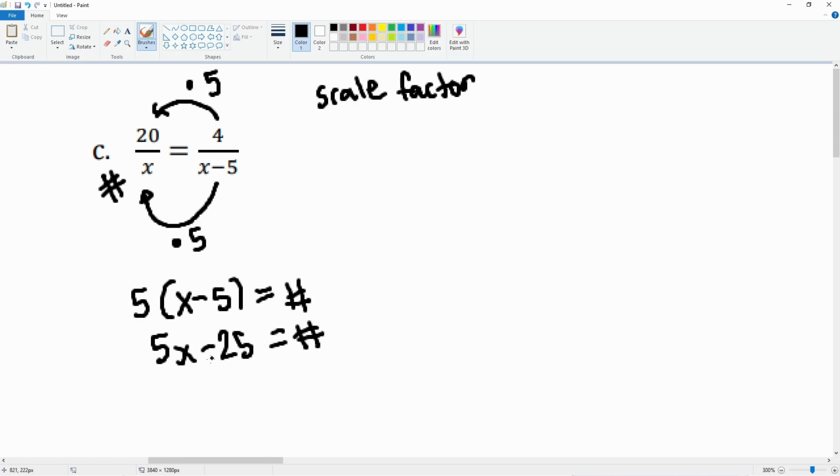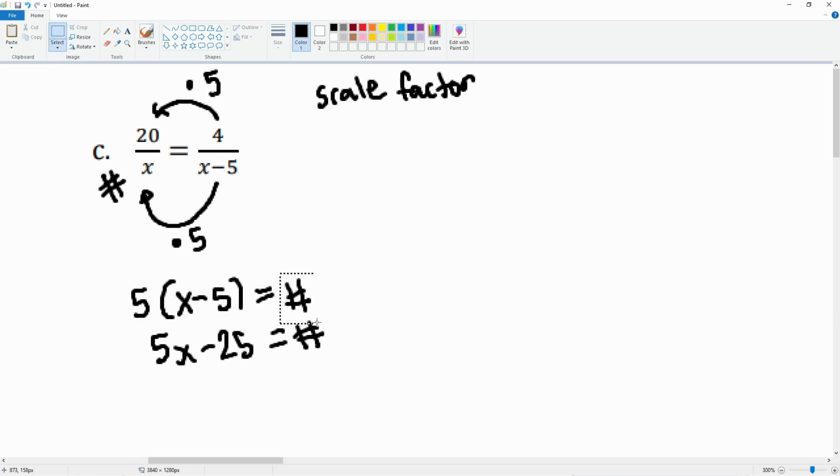So I'm going to figure out what this is here, because we know the x here has to be multiplied by 5. This number here right now is just x, so it's going to be multiplied by 5.